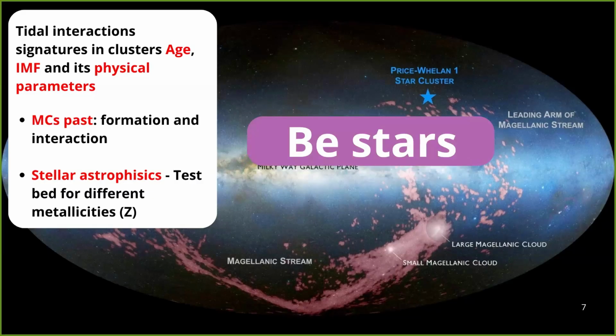And this is interesting for Be stars also, because since the Magellanic Clouds have such young clusters, we can study the effect of age and metallicity on the Be star phenomenon.